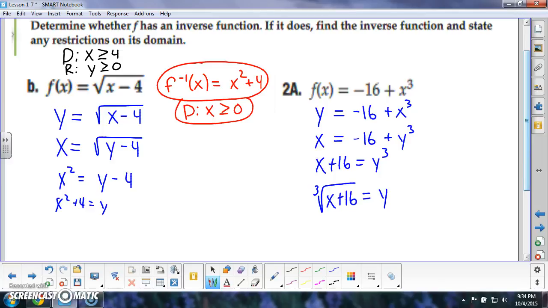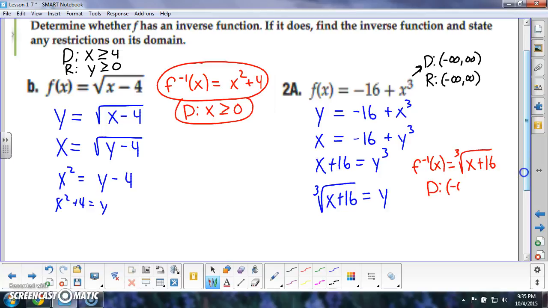And so I'm going to write my inverse function like this. F inverse of x equals the cube root of x plus 16. Okay. And if we go back to this original problem, the domain, you can put any number you want in here, and the range is all real numbers as well. So that's going to be the domain down here. Negative infinity to positive infinity.